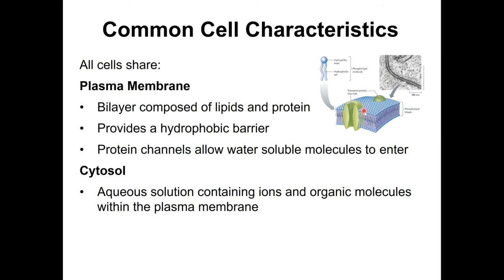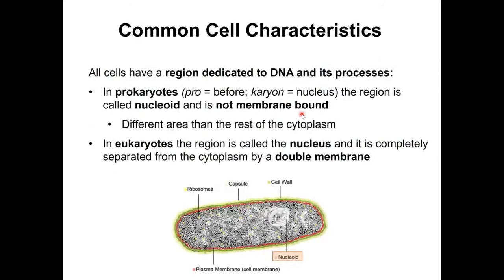Everything within the plasma membrane, the liquid component, will be referred to as the cytosol. The third component that all cells have is a region dedicated to the protection and the execution of all the information stored in DNA.